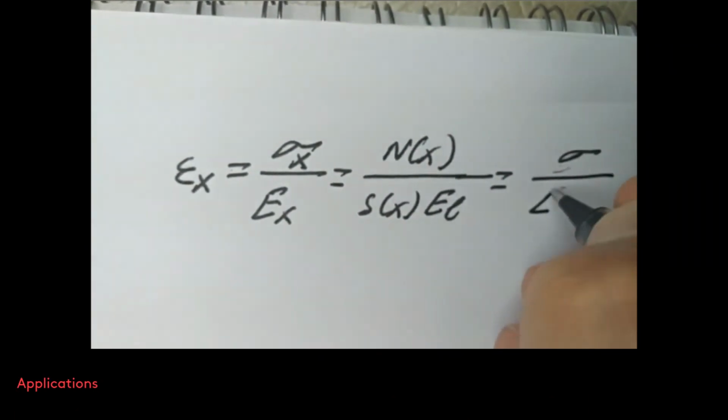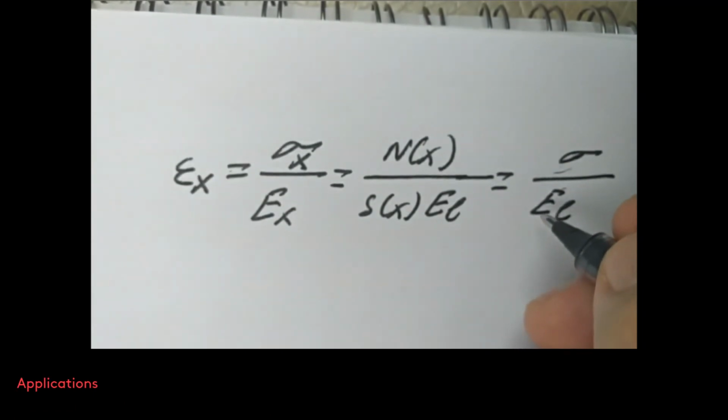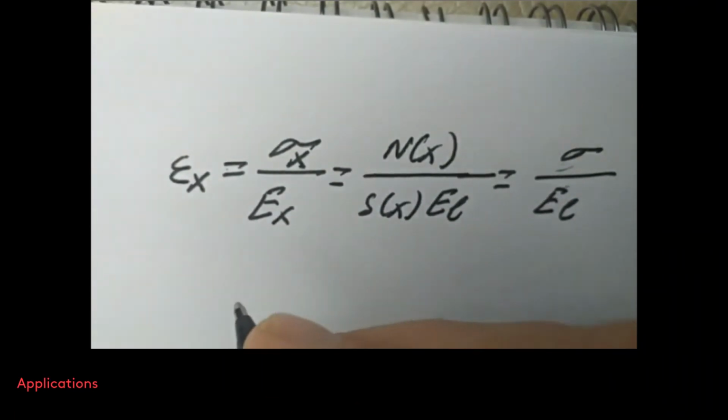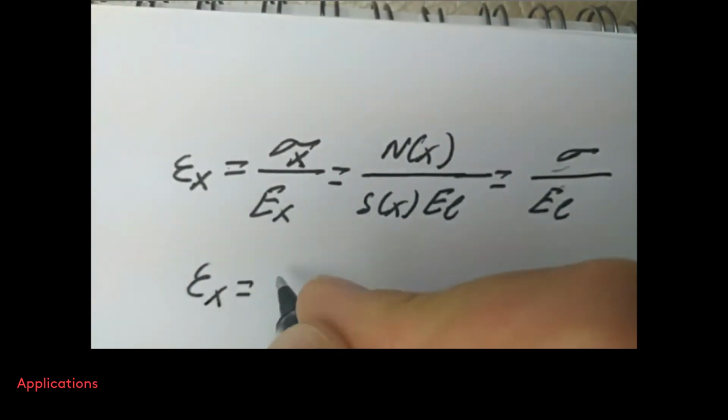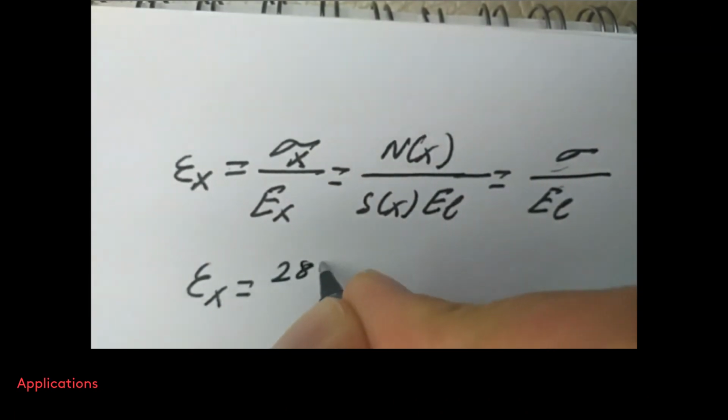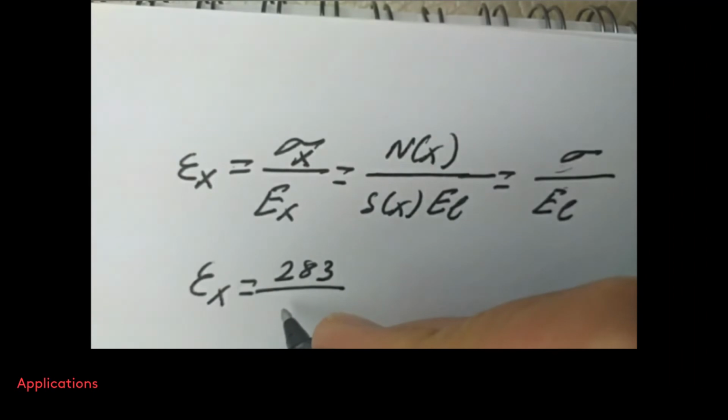And we find the EL already. EL is 53.2. So sigma is 383. So epsilon x is equal to 383 divided by 53,200.